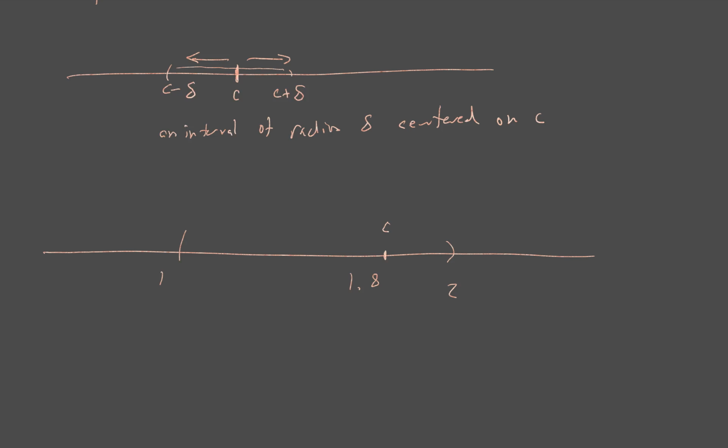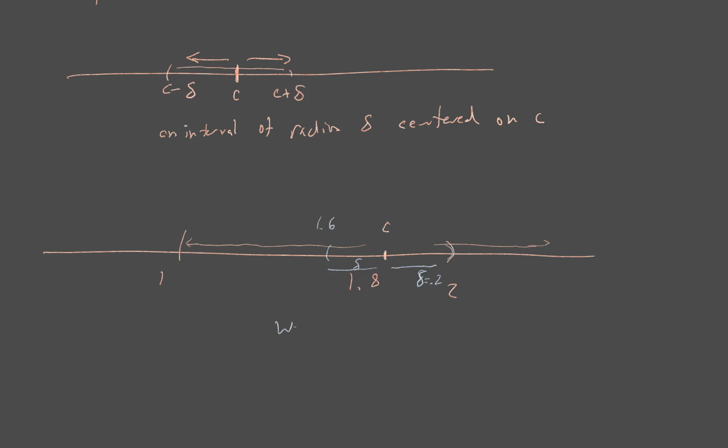Right, well, if I make the radius 0.8, I would go to this end point, but 0.8 on this side would send me to 2.6, so that's no good. So I want to take the shorter of the two. If I take the shorter distance to the edge, and I call that delta, I can find this little sphere, this little circle on the number line where delta is 0.2, and so this will be at 1.6.